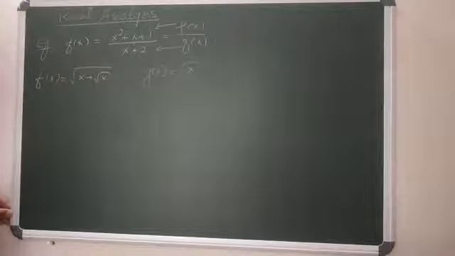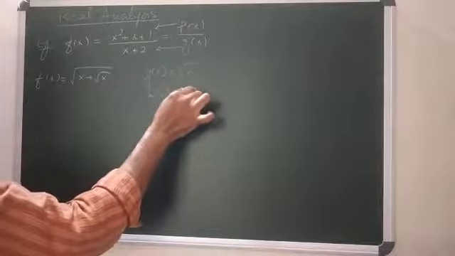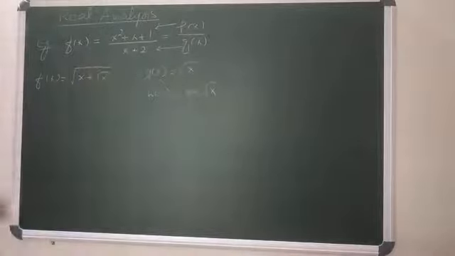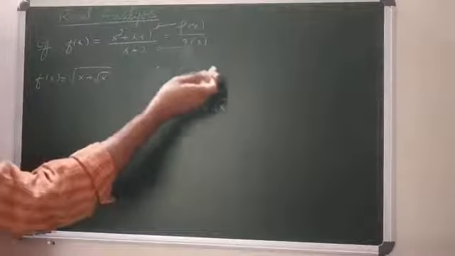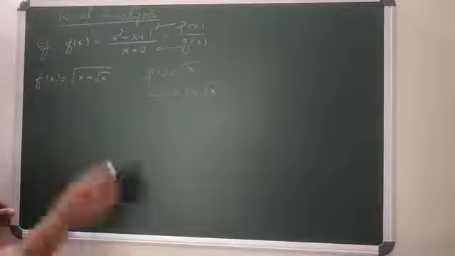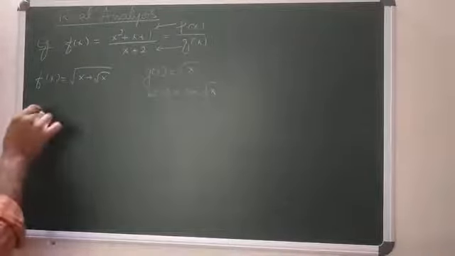Consider g of x equals root x, and h of x equals x plus root x. Clearly these two functions are continuous. Agreed. Now what about their composition, that is g composition h?